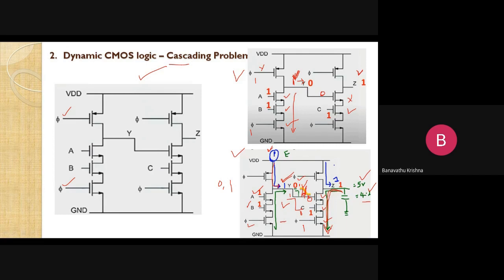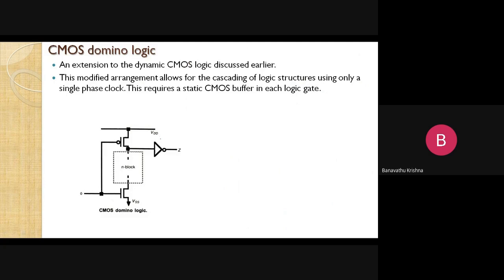Some amount of time is taken to change logic 0 to logic 1 to logic 0. This problem is overcome by using an inverter circuit. An inverter is connected at the output of the first stage, so I am going to draw an inverter symbol at the output of the first stage, right?